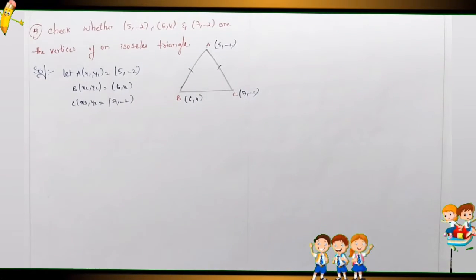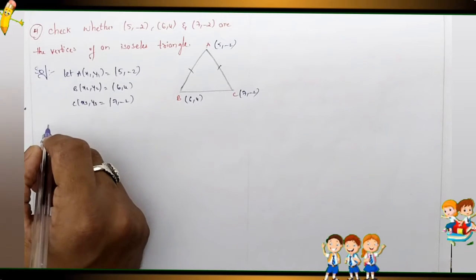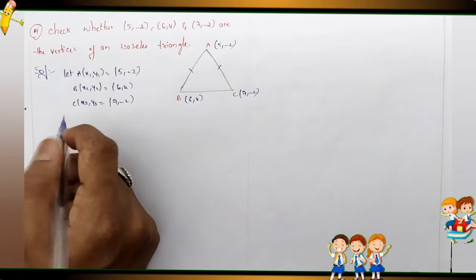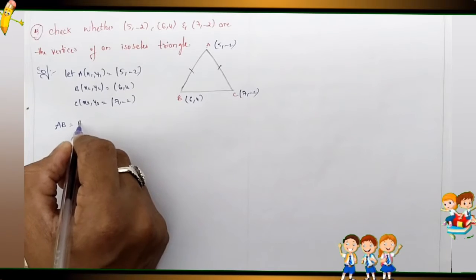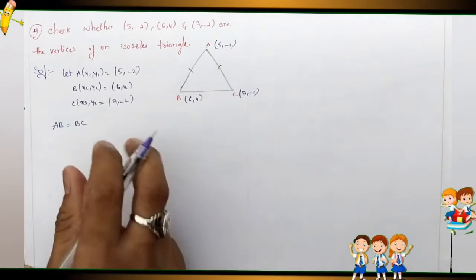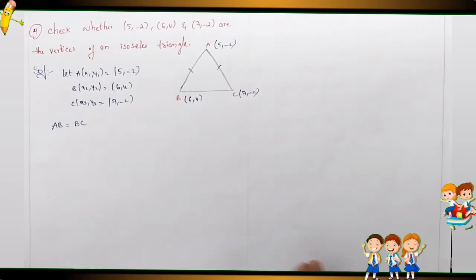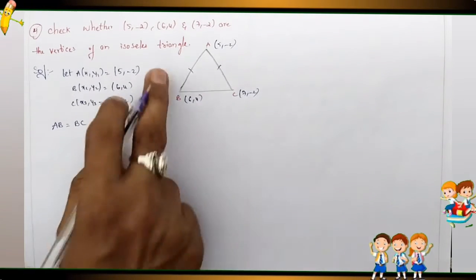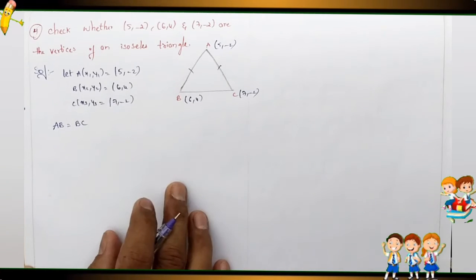Now we find the distances. For example, AB should equal BC, or AC should equal BC, and we should get the same answer. If they are equal, that is an isosceles triangle. If they are not equal, we can say that it is not isosceles.